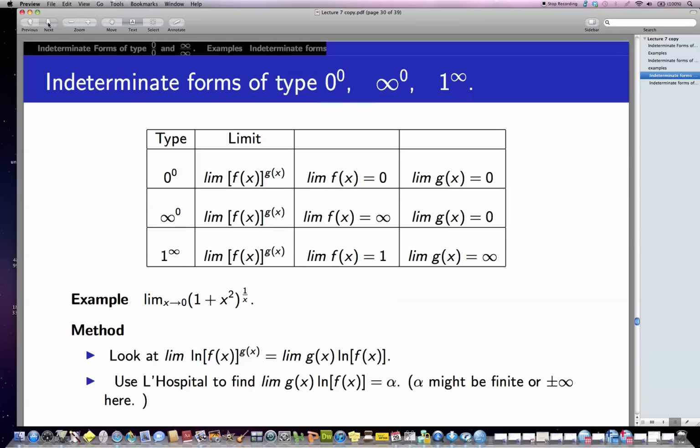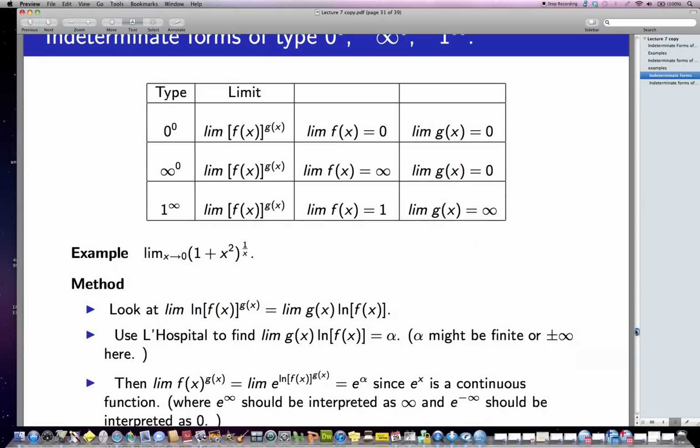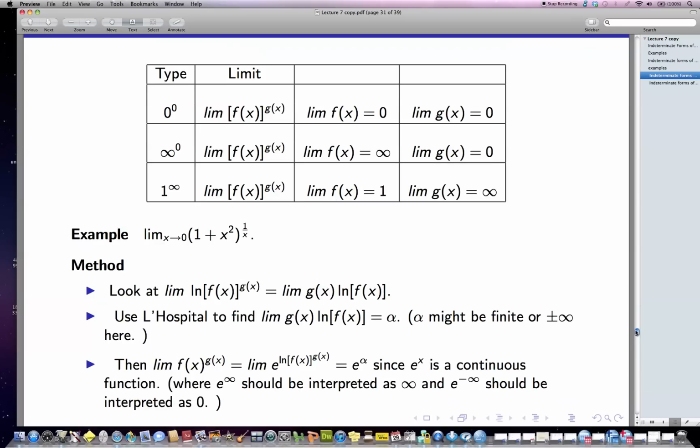Suppose I calculate that limit, and I find that it's alpha. Then the limit of my original limit, the limit of f of x to the power of g of x, is the limit of e to the power of the natural log of f of x to the g of x. And you can see that on the previous line I've calculated the limit of this power and called it alpha.